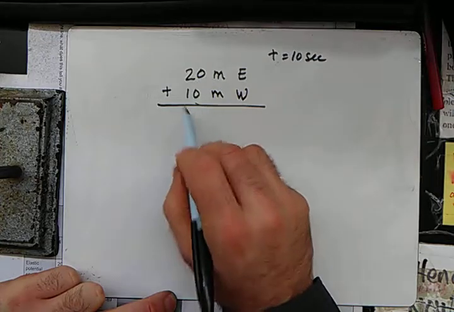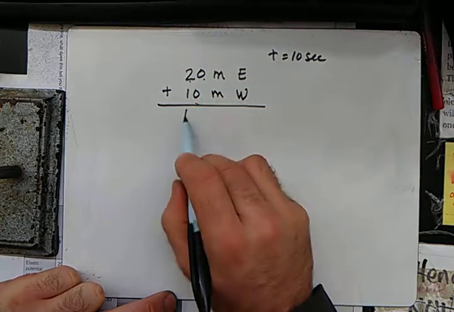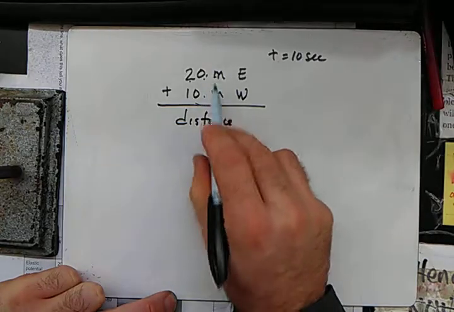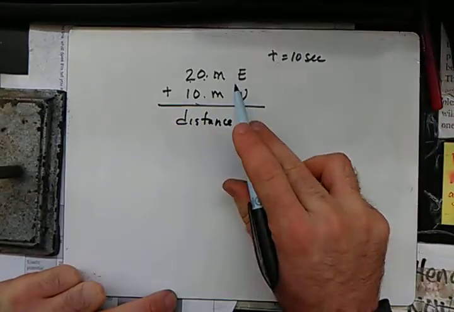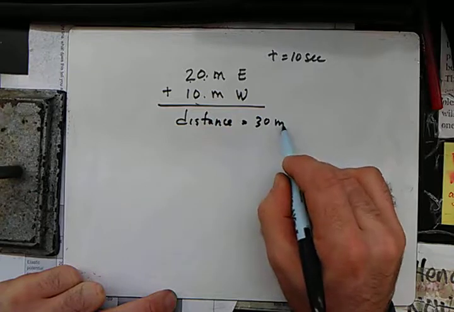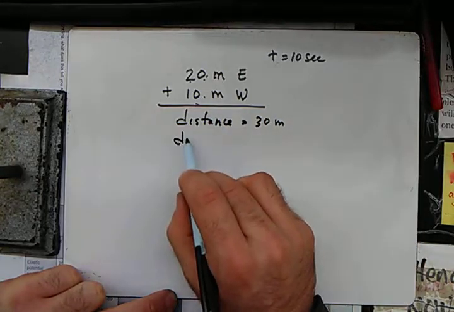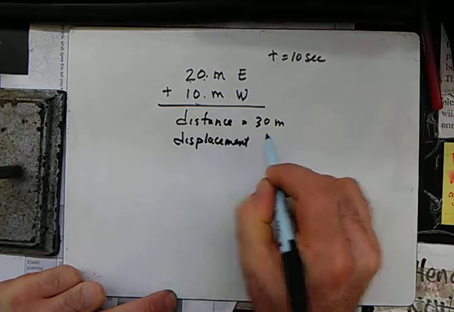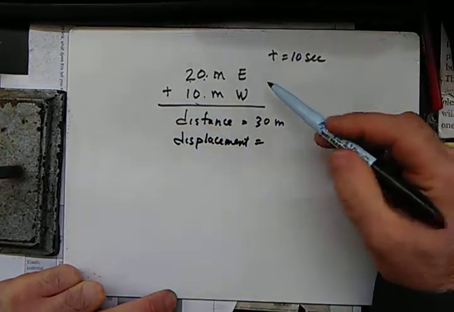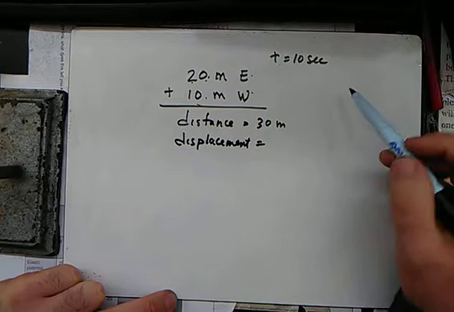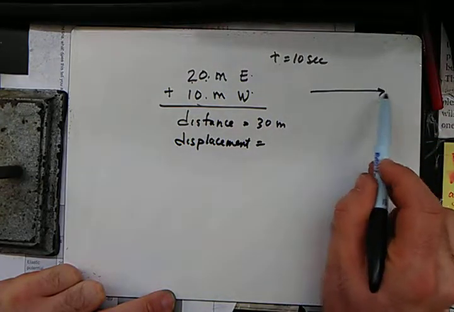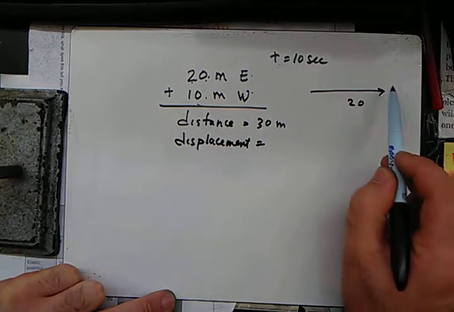Okay, the distance, you're just adding up the numbers. So 20 plus 10 is 30. Okay, the displacement is adding up the numbers but including the direction. So if you look at displacement, 20 meters east.